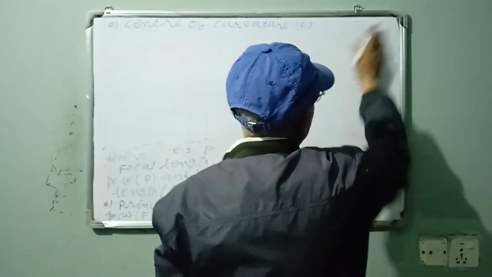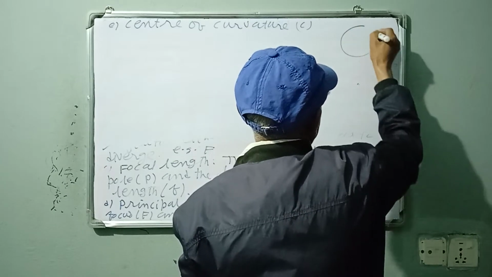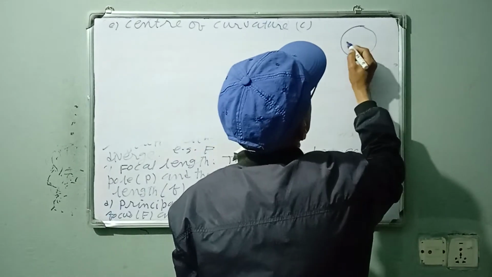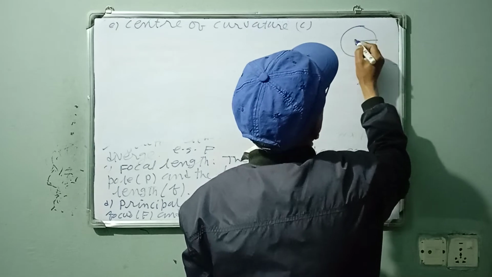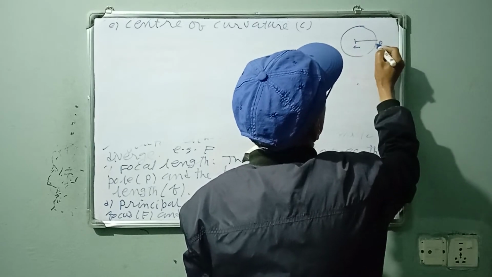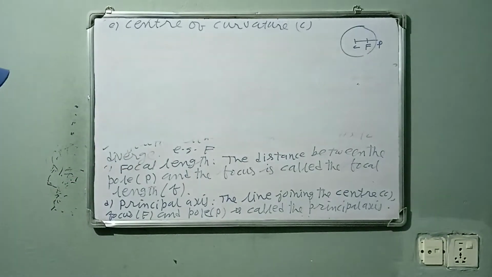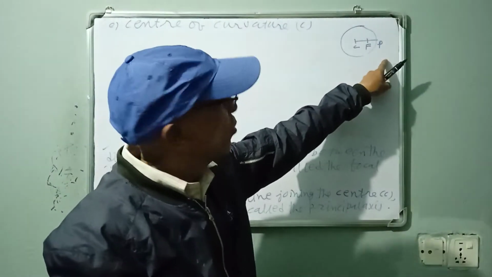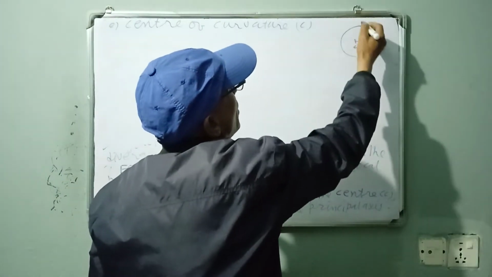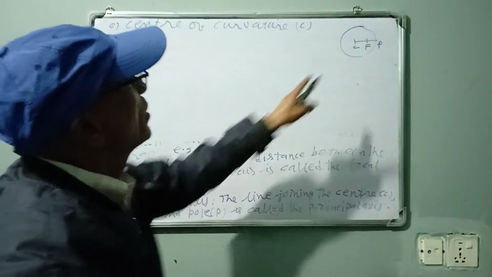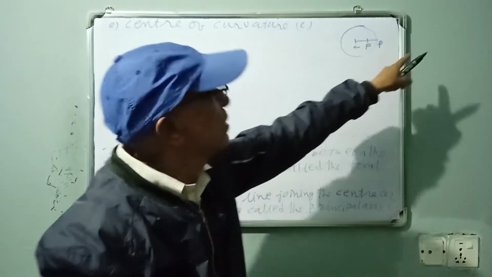Just like this is a sphere. If you draw, this one is center, pole, focus. Focus is between center C and pole P. Once you understand this, you can tell from this idea: C, F, P, center, focus and pole.